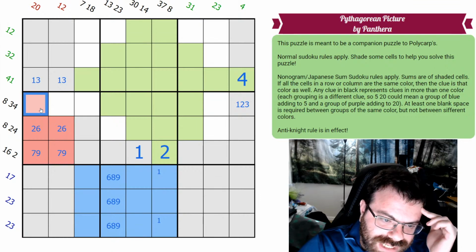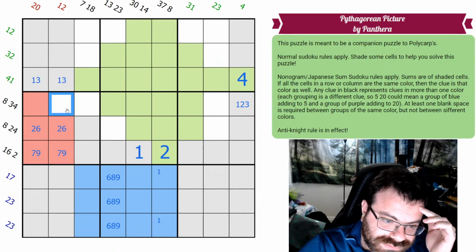So now this could be an 8. Can we extend 2? We could be 3, 5. Could we extend 3? 1, 3, 4?